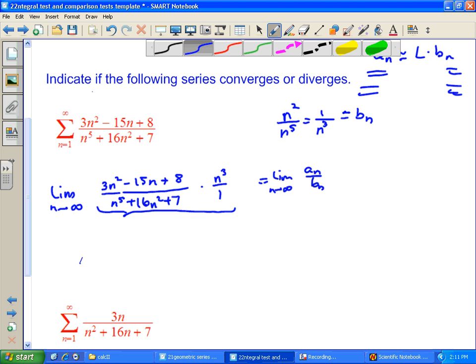On the top, 3n squared times n cubed, what do you get? 3n to the fifth. On the bottom, 1 times n to the fifth. If the degree of the top is the same as the bottom, what will be the limit? 3. The limit is the same as 3n to the 5 over n to the 5, that's 3. All you care about is that this is a finite number, less than infinity. That means summation a sub n and summation b sub n behave the same way.